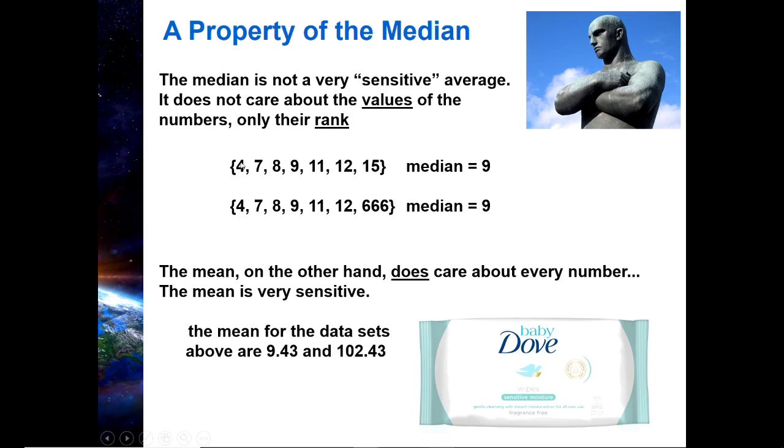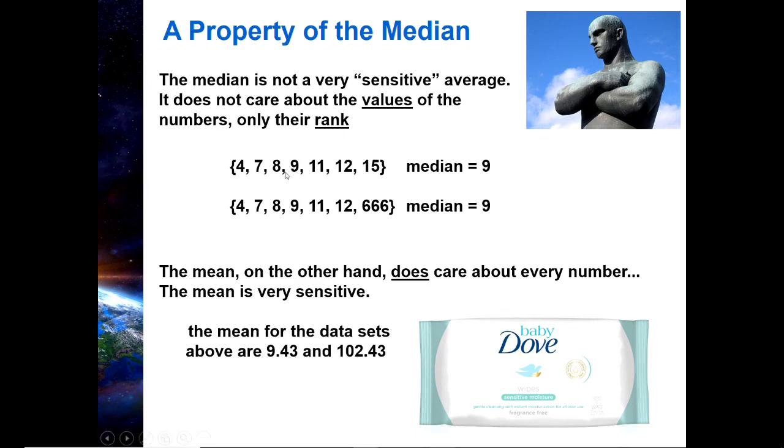Let's say we go back to this original data set and change the 4 to a negative 4,000. What effect is it going to have on the median? The answer is none. 9 is still going to be that 4th score. Will it change the mean?